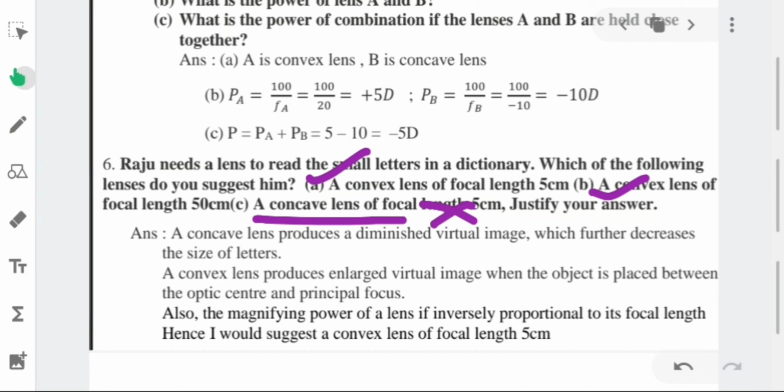A convex lens produces an enlarged and virtual image when the object is placed between the optical center and the principal focus. Also, the magnifying power of a lens is inversely proportional to its focal length. Hence, I would suggest a convex lens of focal length 5 cm. So, Raju is suggested the convex lens having 5 cm as its focal length.